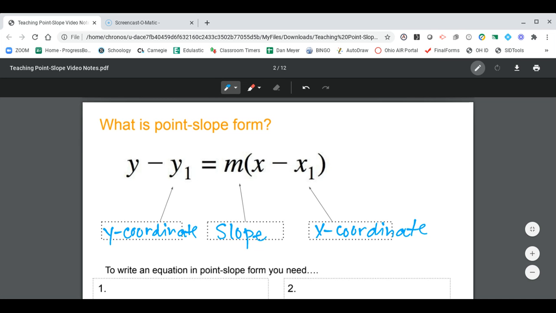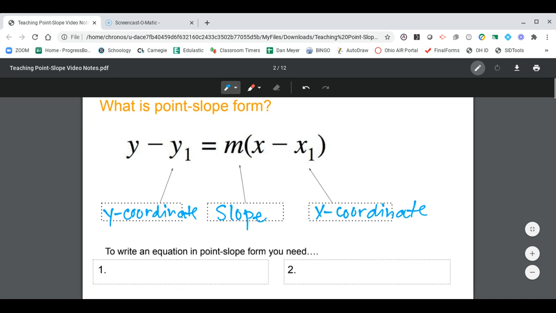So you need two things to write an equation in point-slope form. The first thing you need is the slope, or the point, and the second thing you need is the other. So in this case, point. I probably should have written them differently, but point-slope form. You need a point and you need a slope.